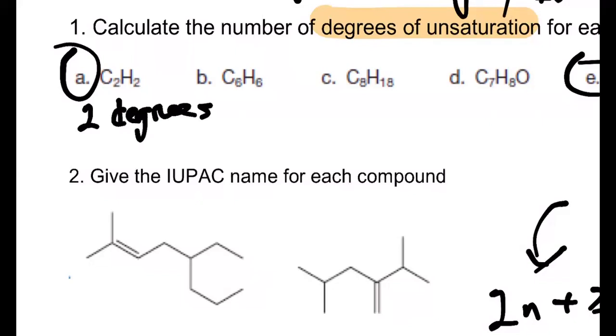So for that one, since it only has 2 carbons, there's no way you can have 2 rings, right? But there is a way that you can have 2 double bonds. So that C2H2, an example of that would be an alkyne, right? You got 2 pi bonds in there. Is that right?